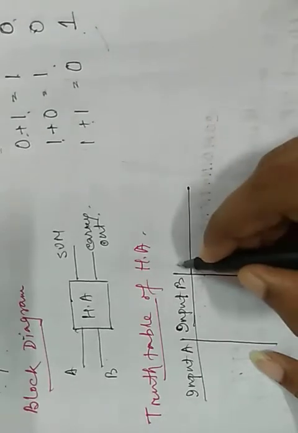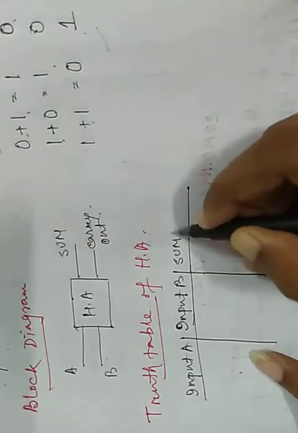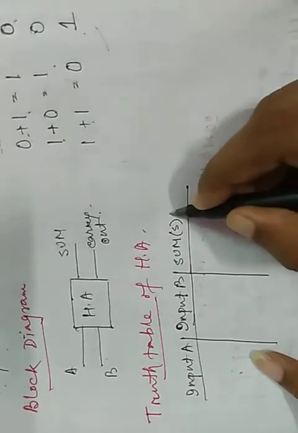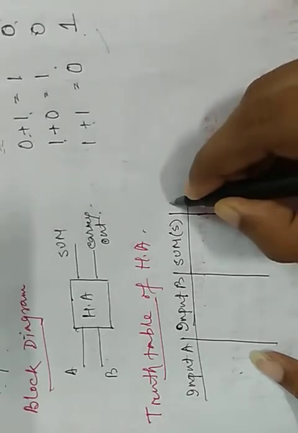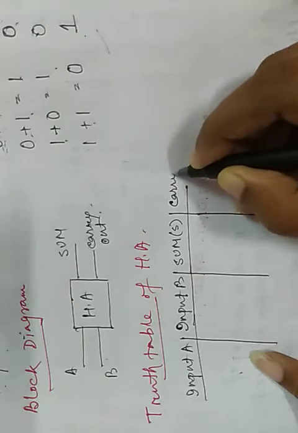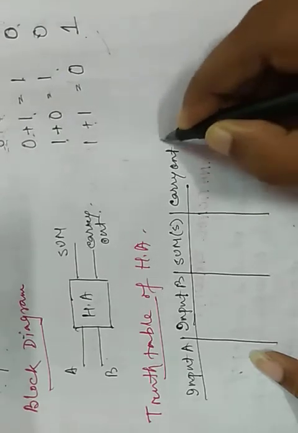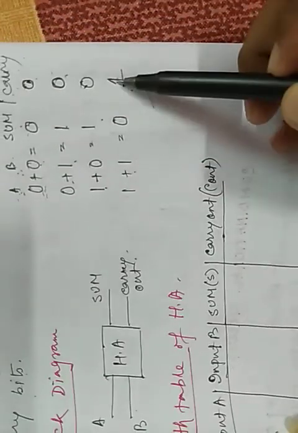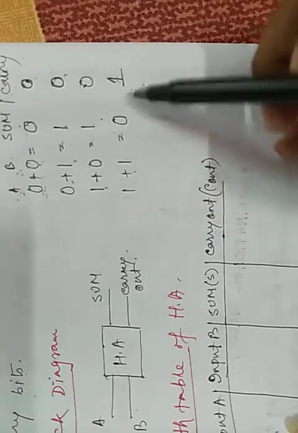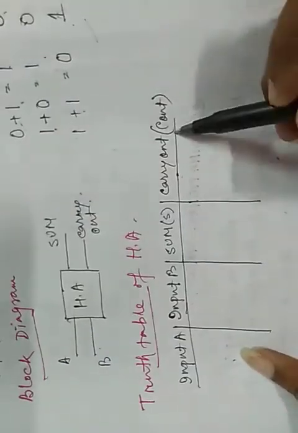Okay, so sum I am writing here as S, and carry out or C out. Because this carry we get after adding two numbers, that's why I am writing C out.